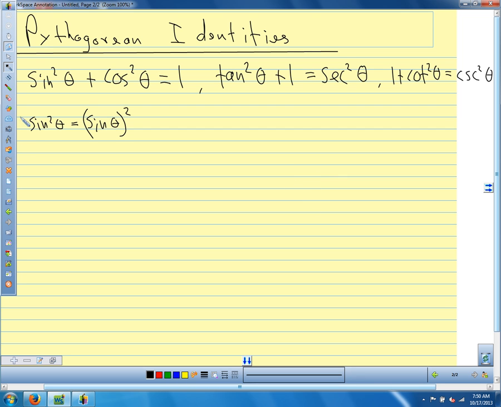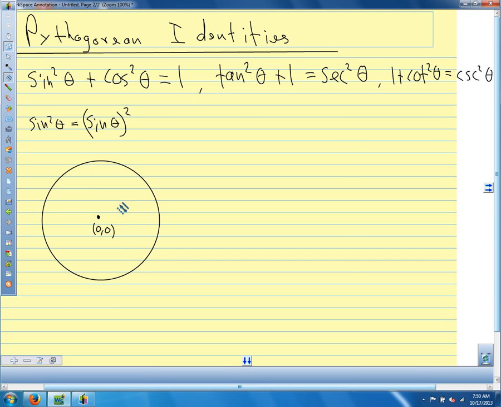All right, so let's look at our unit circle for this one. Let me draw a circle up here. So here's our unit circle. Here's our center at 0, 0. And let me draw in a radius. On the unit circle, radius equals 1. What is the equation of a circle centered at 0, 0 with radius 1?